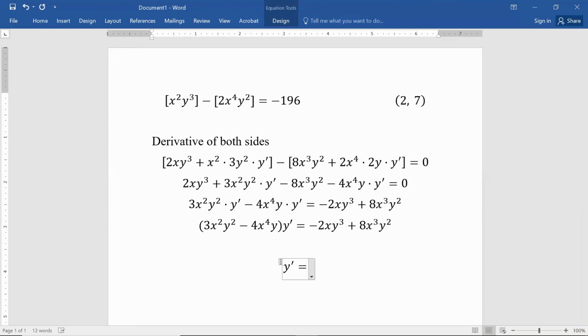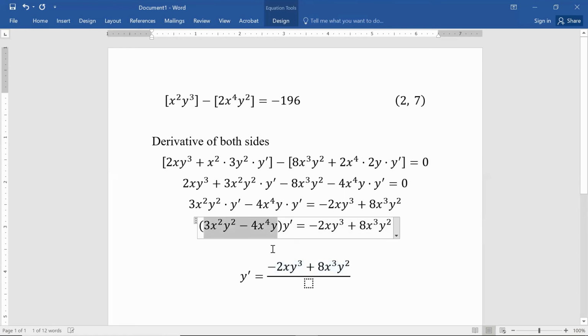Y prime is going to be negative 2xy to the third plus 8x to the third y squared, and all of that is going to be divided by 3x squared y squared minus 4x to the fourth y. Now that's a big, ugly expression, but we can still deal with it.